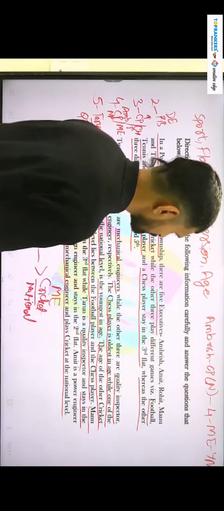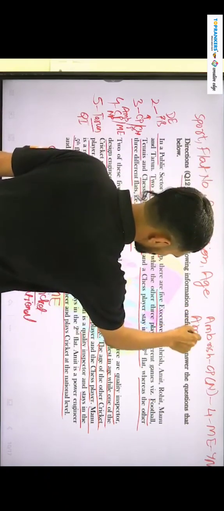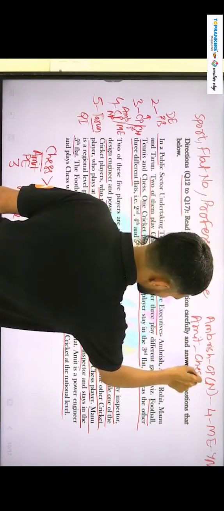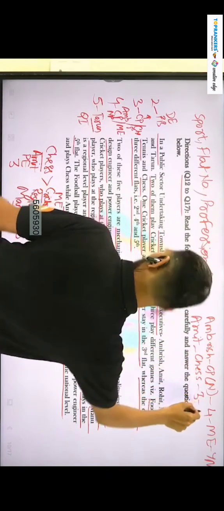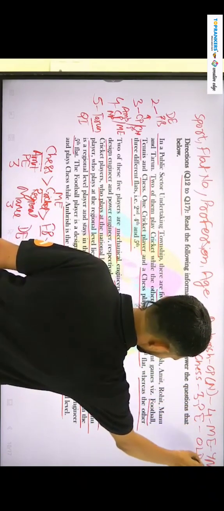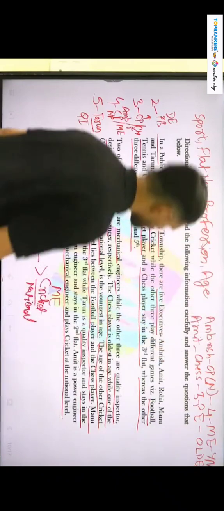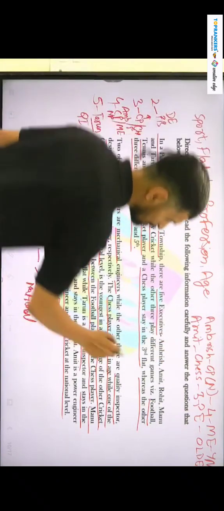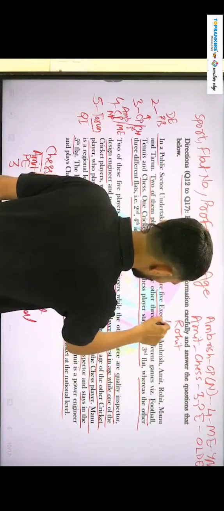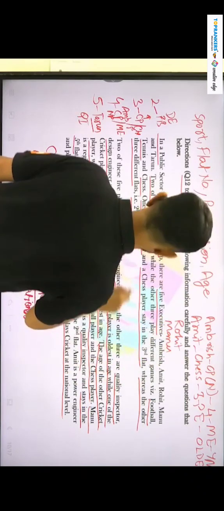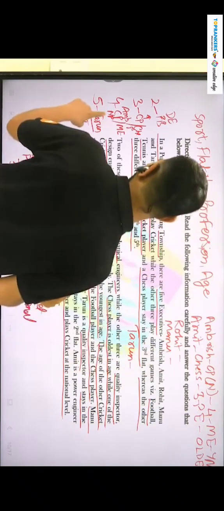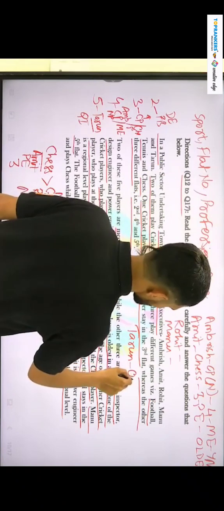Then we have Amit. Amit is chess player, flat number three, power engineer, and Amit is oldest. Then we have Rohit, Manu, and Tarun.